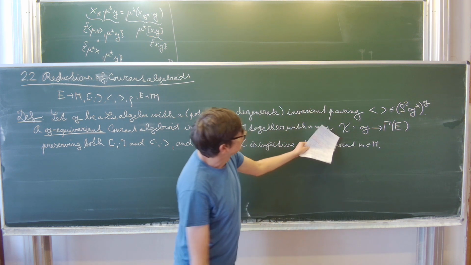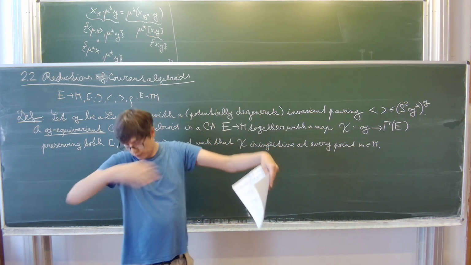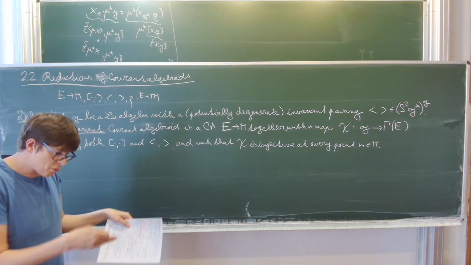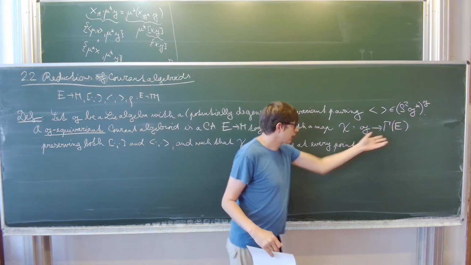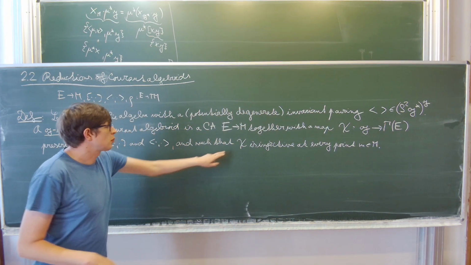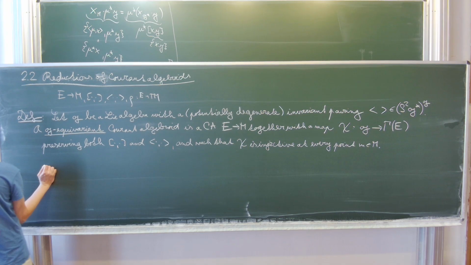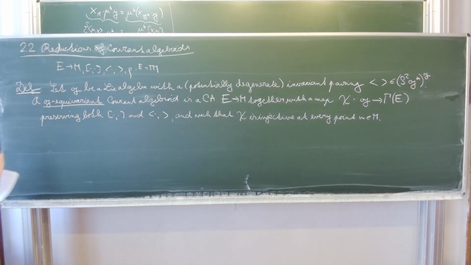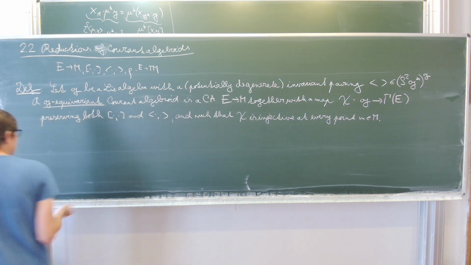Applying chi to an element of the Lie algebra, I get a section, and restricting to a point, I get an element of the fiber, and I just want that this map is injective there. Is it clear? It's kind of like a homomorphism, which is what it is.